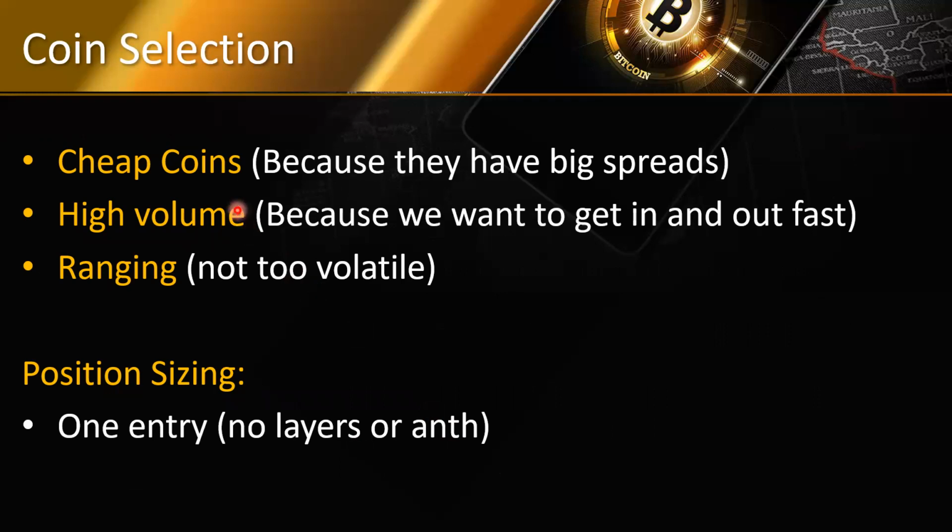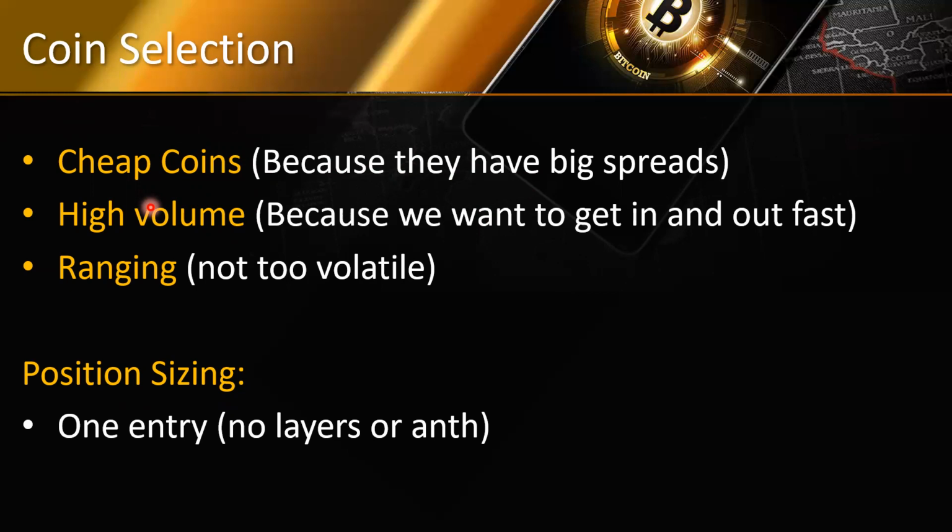So, coin selection: which coins to choose when doing this strategy? You basically need cheap coins, because they have the biggest spreads. So find the cheap coins with big spreads. You need high volume. What do I mean by volume? A lot of people buying and selling, like the active order book I was talking about a minute earlier.